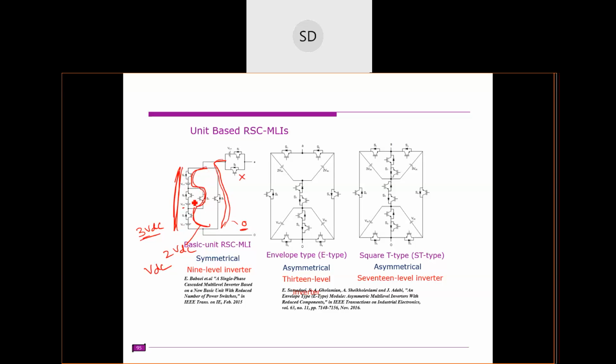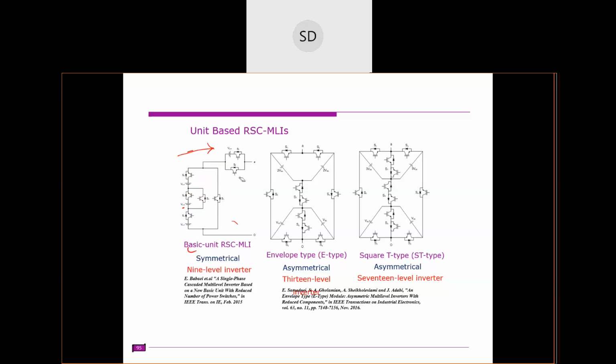So that means you cannot alone access this voltage source, so that's why they connected. So here this additional module will increase the number of levels, and as well as it can produce the intermediate voltages, so that is VDC voltage.